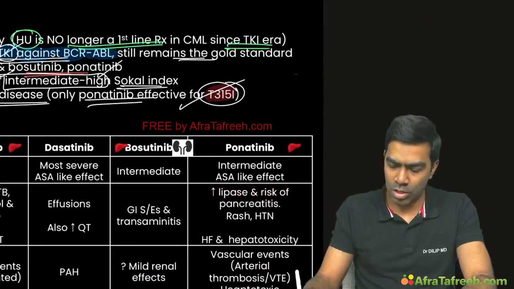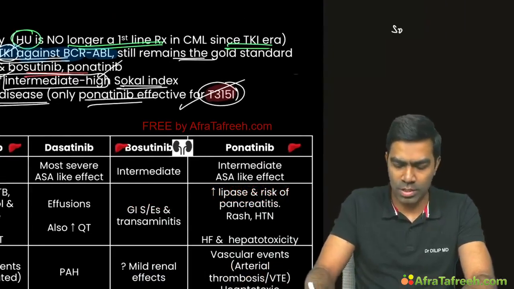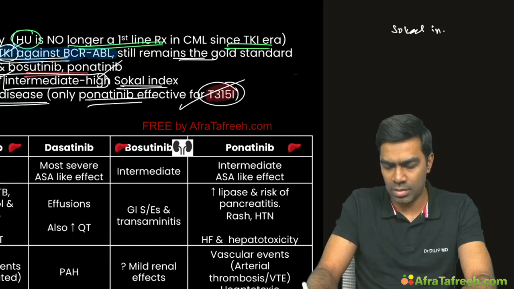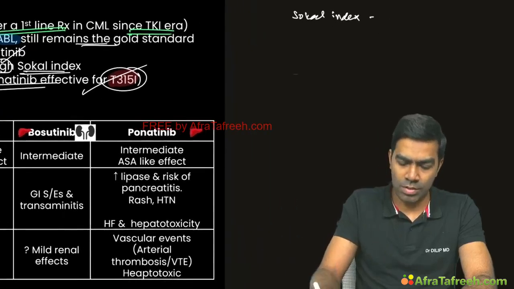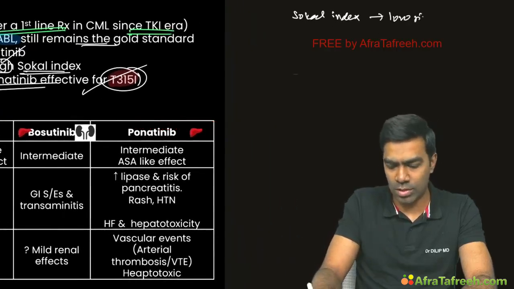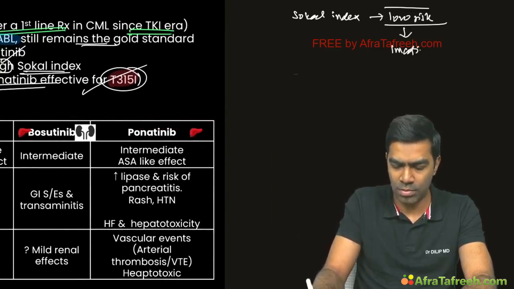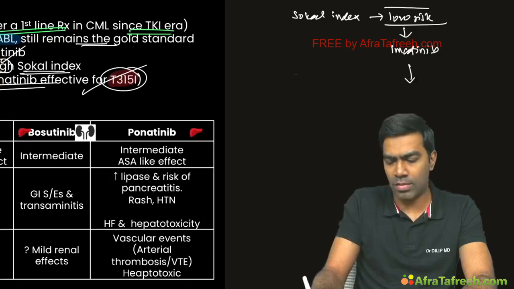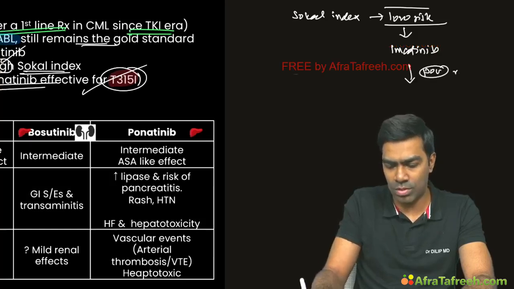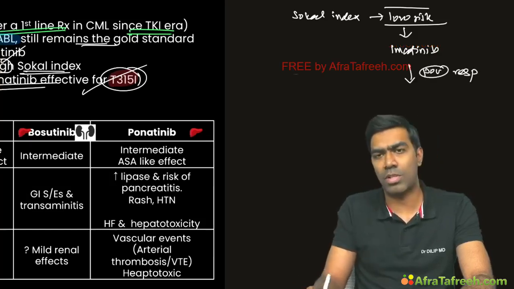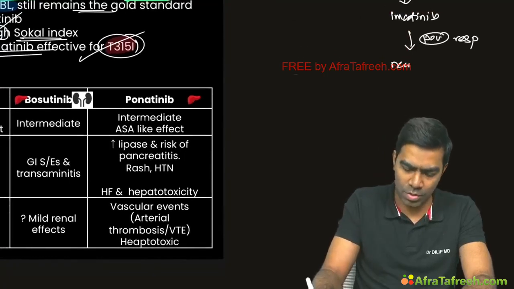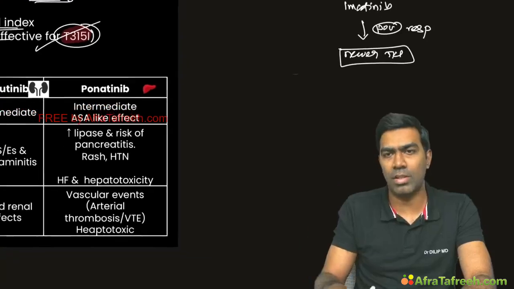So the treatment algorithm is going to go like this. First, you have to look at something called the SOKAL index. If you belong to low risk in the SOKAL index, you can start with imatinib, no harm, straight away. In case you have a poor response or a suboptimal response to imatinib, you can shift over to newer generation tyrosine kinase inhibitors like second or third generation TKIs.